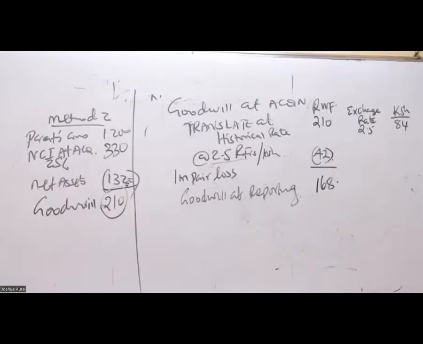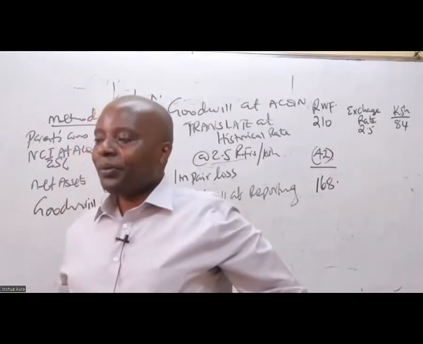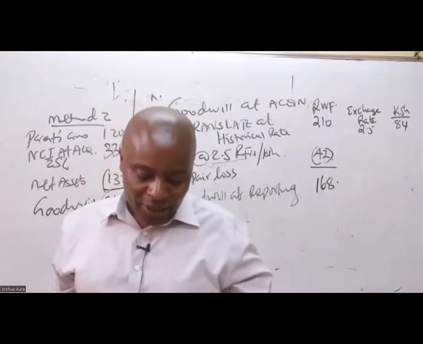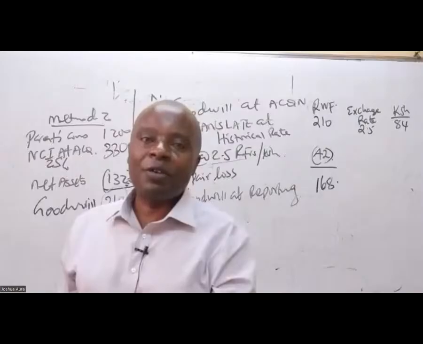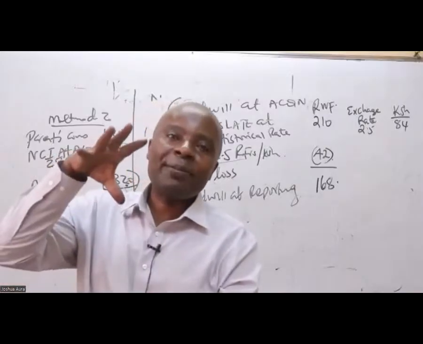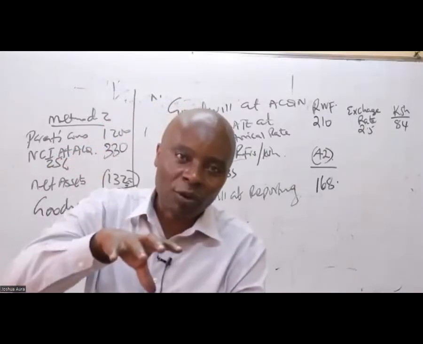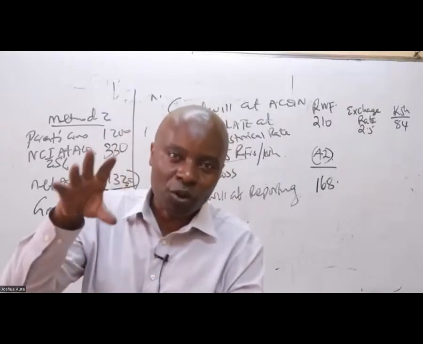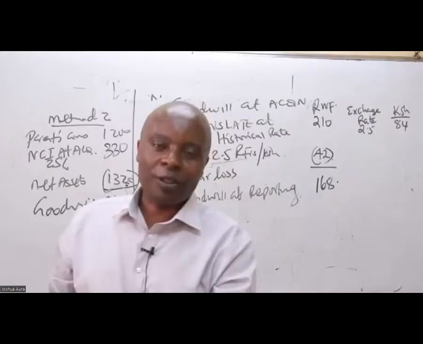Okay, so what will you tell us there, ladies and gentlemen? Remember, under IPSAS 20, if, for example, we have the government of Kenya, the government of Kenya owns Kenyatta National Hospital.